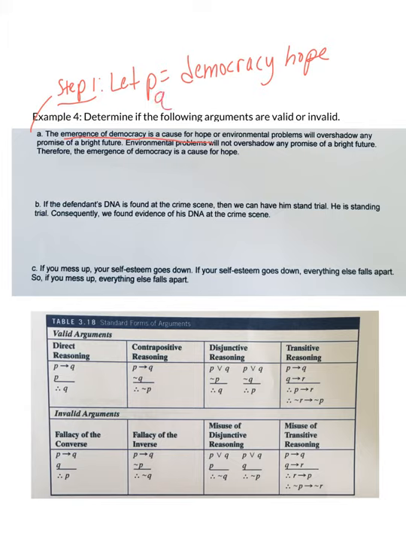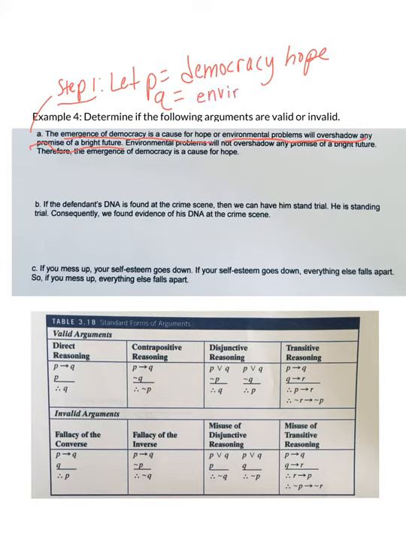The second different idea, which I'll call Q, is about environmental problems will overshadow any promise of a bright future, which is mighty depressing. Thank you, my math lab, for these examples. But we'll go with it. So Q is about the environmental problems will overshadow any promise of a bright future.